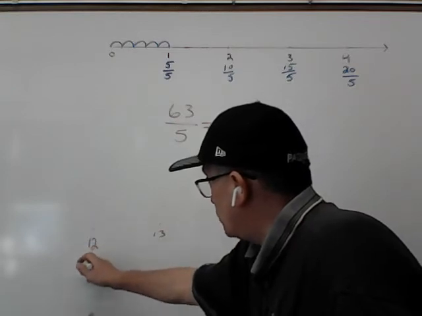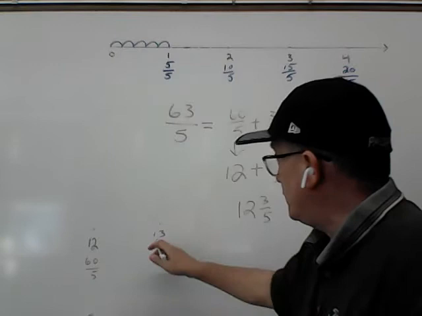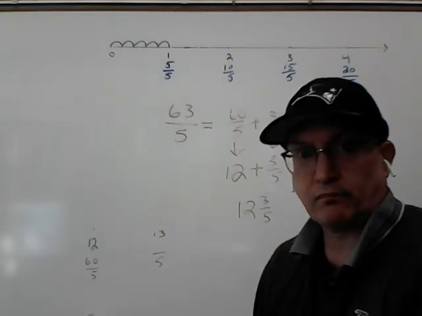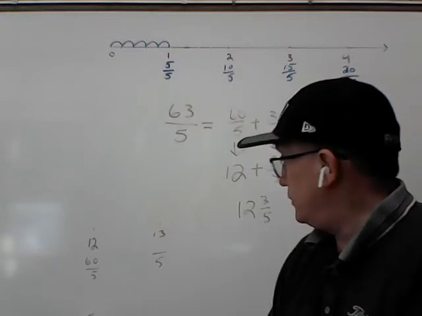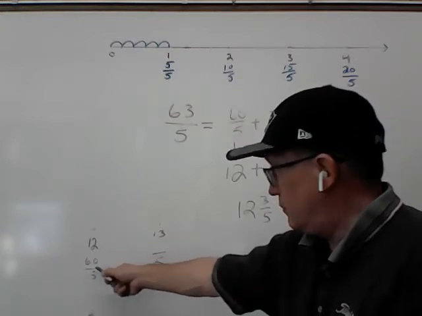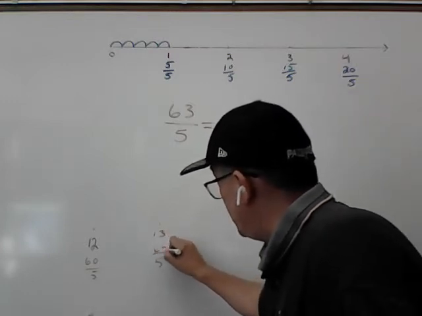This whole number 12 is 60/5, as we've discussed. How many fifths would 13 be? The whole number 13 is how many fifths? Well, you need 5 more fifths than 60/5. So this would be 65/5, right?